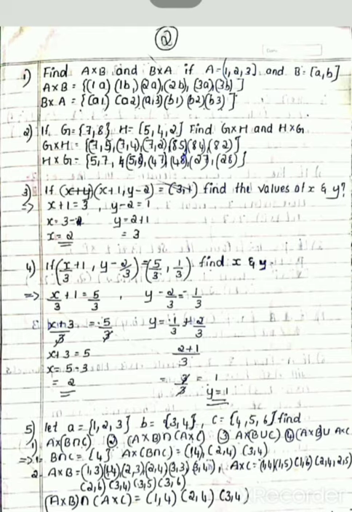B is 3, 4. C is 4, 5, 6. What is the intersection of two sets? The set of all common elements in the sets. What is common here? The element 4 is common.